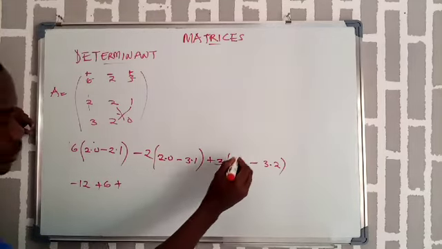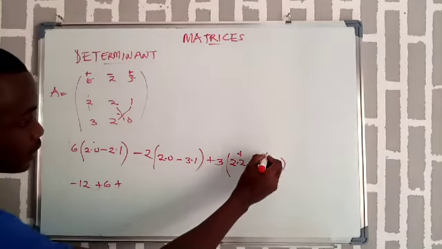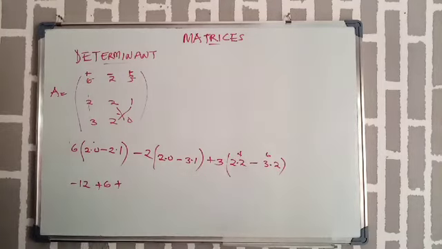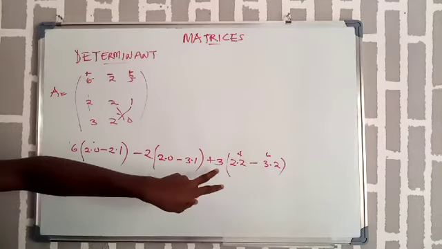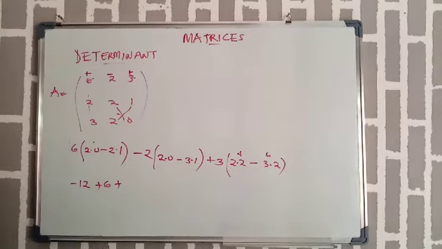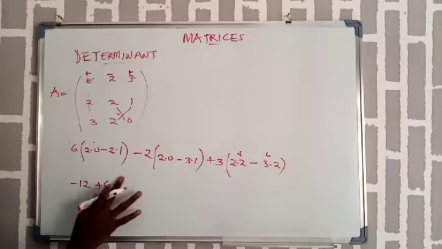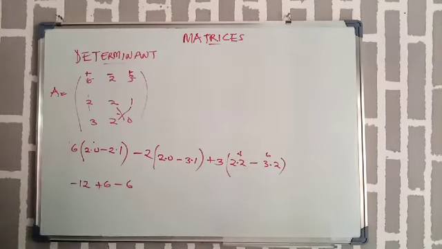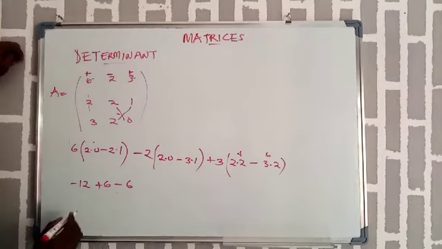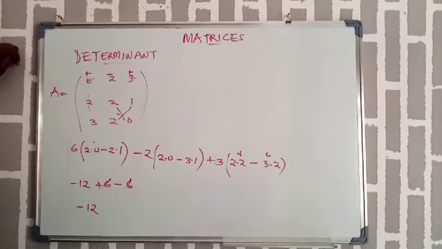Plus 3. This is 4 and this is 6. 4 minus 6 is minus 2. Minus 2 times 3 is minus 6. So now, this 6 cancels out this 6. We are left with minus 12. So our determinant of A is minus 12.